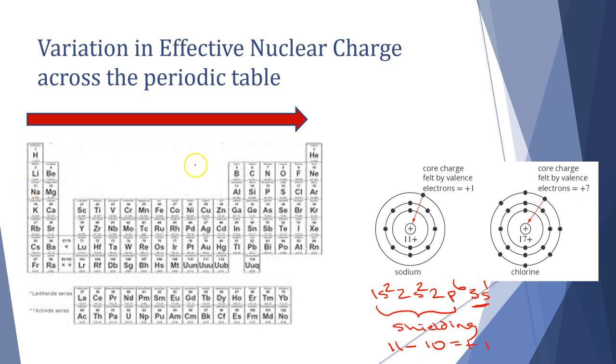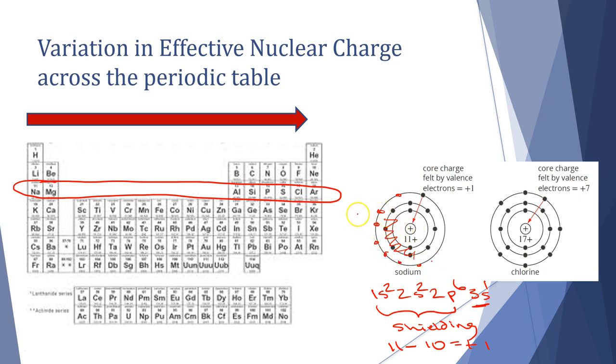If we continue across period 3, we're going to increase our atomic number by 1 each time, but our shielding electrons won't change, because we're going to keep adding electrons into this outer shell. So the effective nuclear charge of any one of these valence electrons will increase by 1 as we move across the periodic table from left to right.